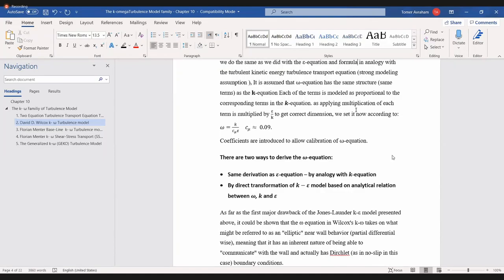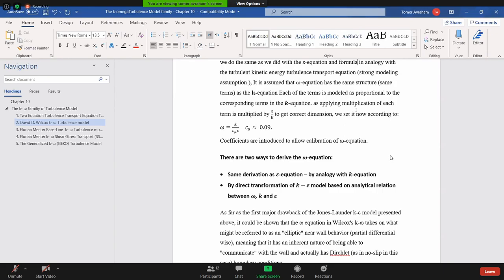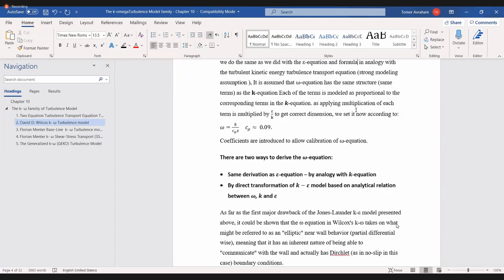What Menter decided to do, that was before he was even in ANSYS, while he was in NASA, was in 1992. This means 30 years ago. He did two things in the same publication. The publication refers to aerodynamic flows, and I want to stress that, because not all flows are aerodynamic flows.